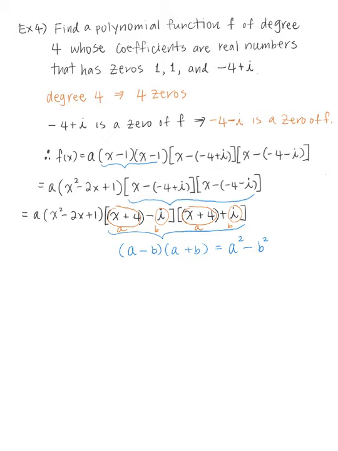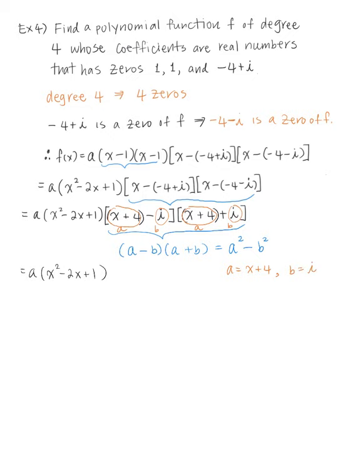So let me rewrite this again. Let me bring it over here. So you're going to have an a, and I'm going to copy and paste this portion. Now what I'm going to do is a squared minus b squared, where our a is x plus 4, and our b is i.